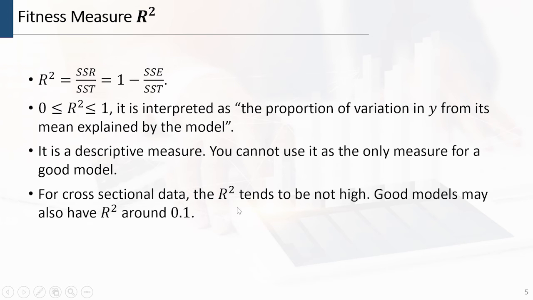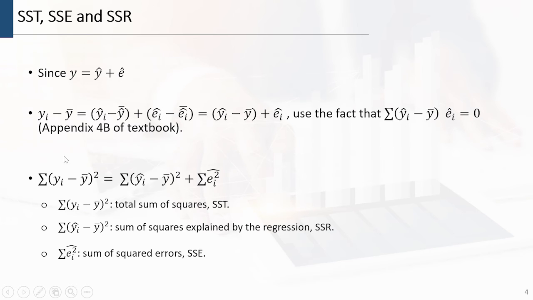Okay, so R squared is defined as the sum of squares explained by the regression divided by the total sum of squares, or 1 minus the sum of squared errors divided by the total sum of squares. Usually, R squared is a number between 0 and 1, and its meaning is the proportion of variation of y, the fluctuation of y.